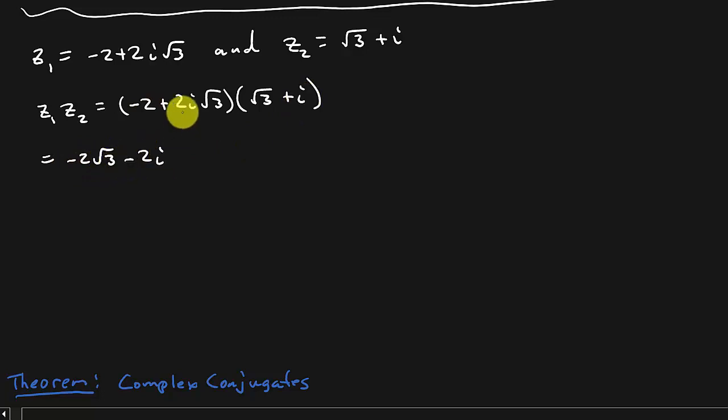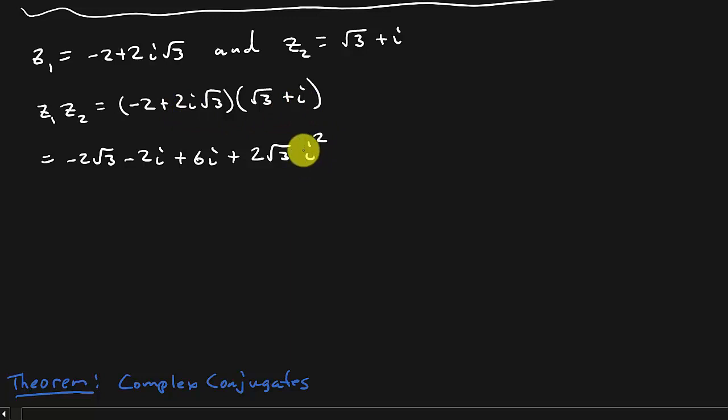So this is 2i square root of 3 times square root of 3. Well, square root of 3 times square root of 3 is 3, and then 3 times 2 is 6, so plus 6i. And then multiply the last, so that's going to be plus 2 square root of 3 times i squared, since i times i gives us i squared.